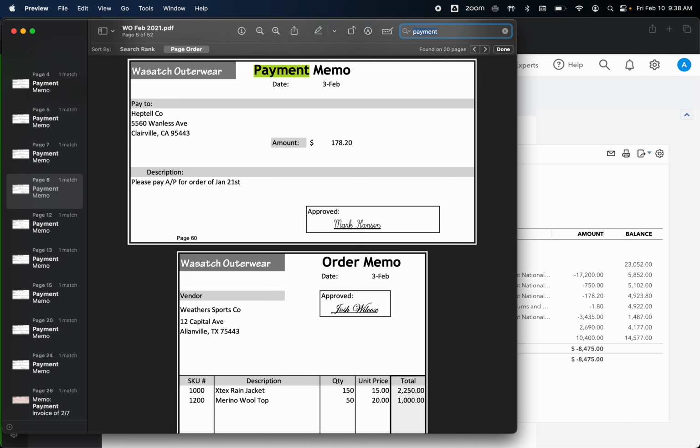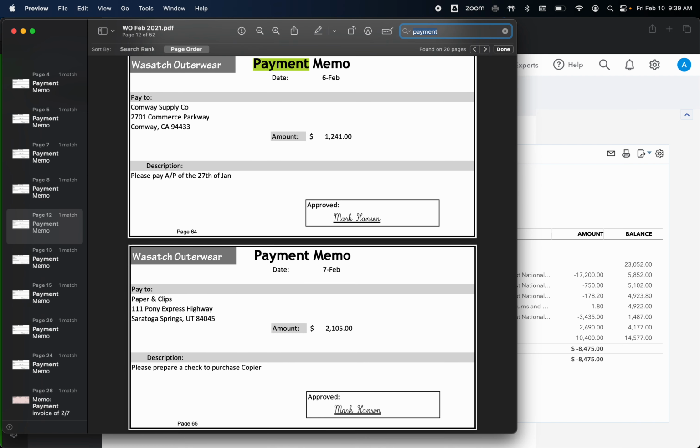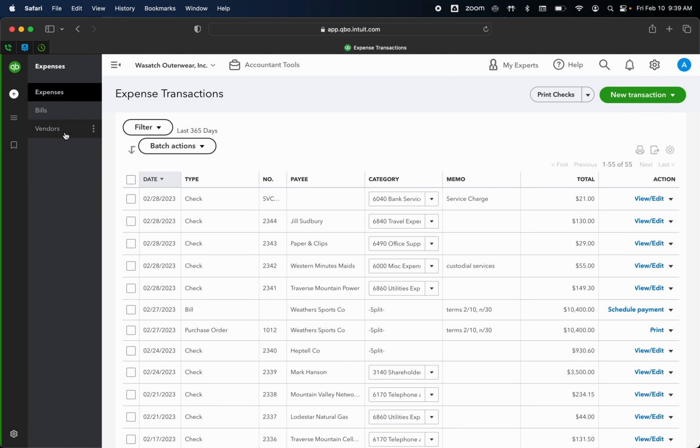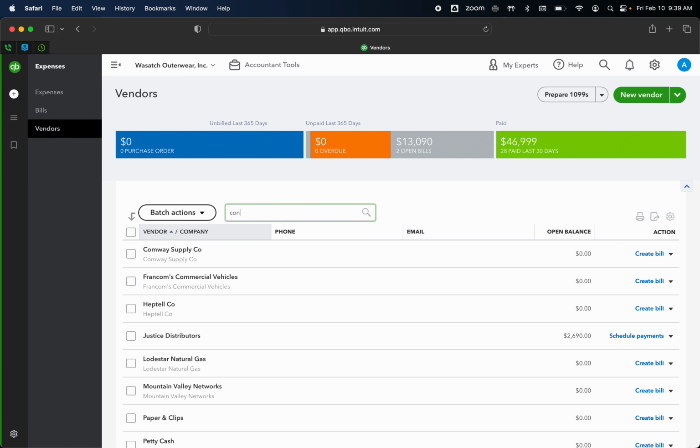No, that's not a Heptel on 78. Yeah. And memo. Conway Supply. 1241. Where's this one? Conway Supply. Please pay the AP. It was the 27th of January. So we have expenses, vendor, Conway Supply.